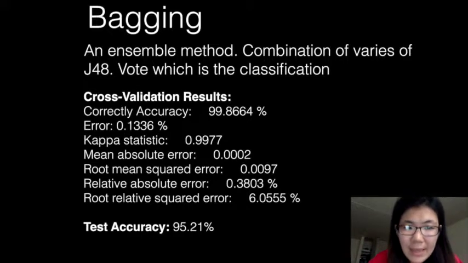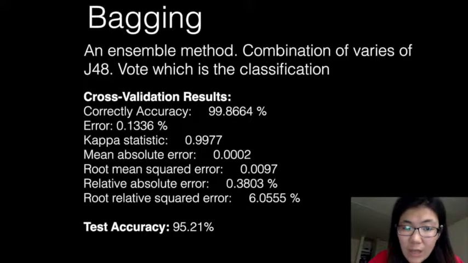Bagging. Bagging is an ensemble method. It is a combination of various algorithms, each of which can be seen as a weak learner, and it uses the weak learners' vote to decide which classification the data belongs to. In this project, I use J48 for all of them. Here is the result of my cross-validation.